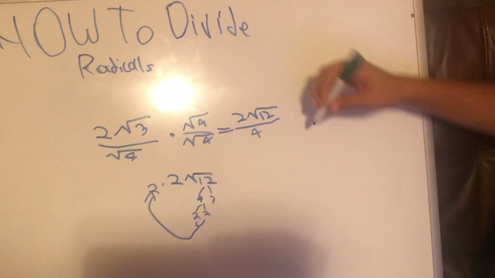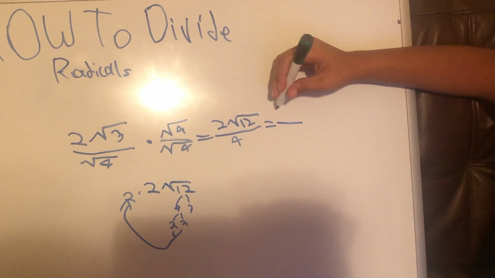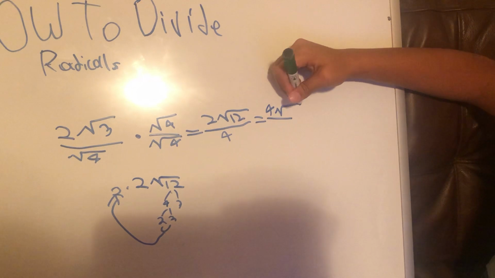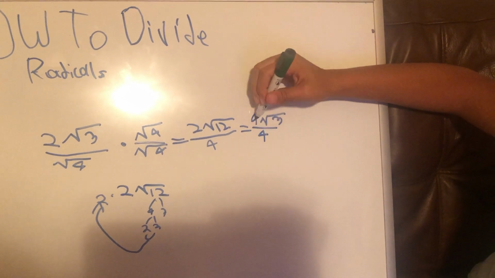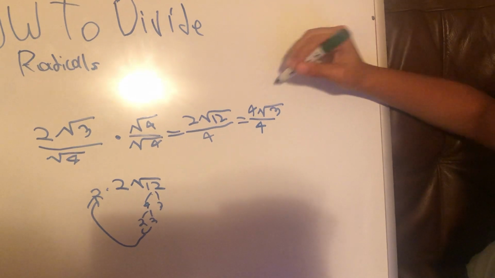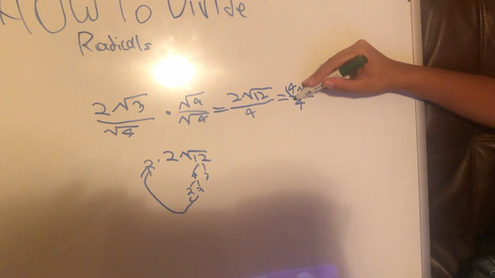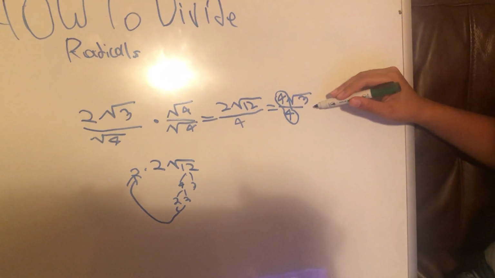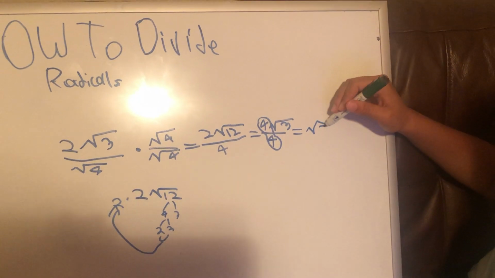So you would get 4. So your real answer would be 4 radical 3 over 4. And because these can be divided by 4, then it would just be radical 3.